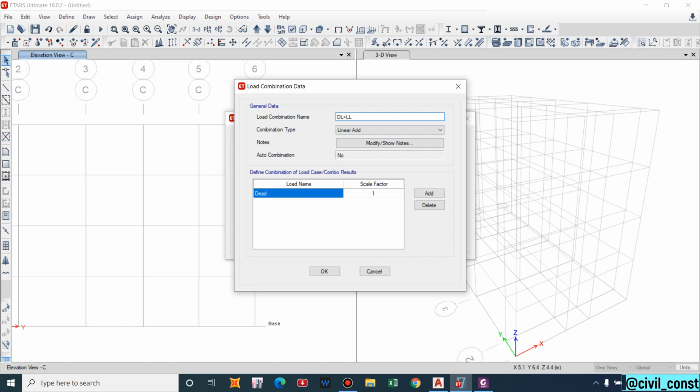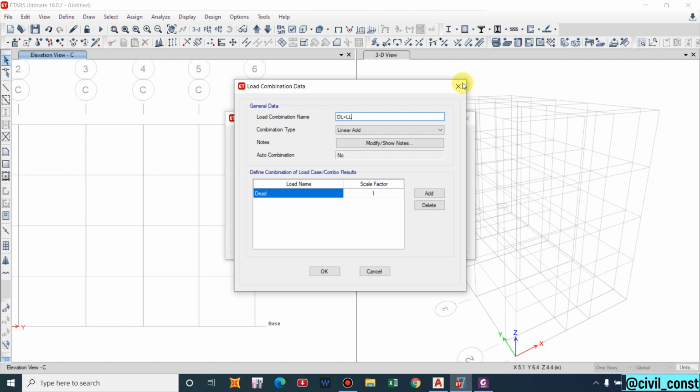Similarly, 1.5 times of dead load plus live load, that may be another type of load combination. Similarly, 1.5 times of dead load plus 1.5 times of live load plus minus 1.2 times of earthquake load. Okay, this is how you will take the load combination.